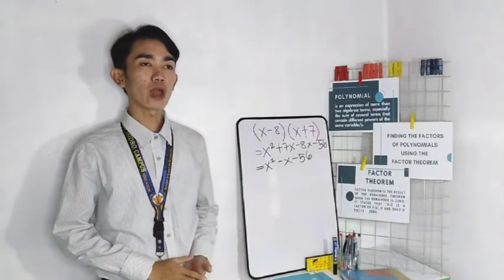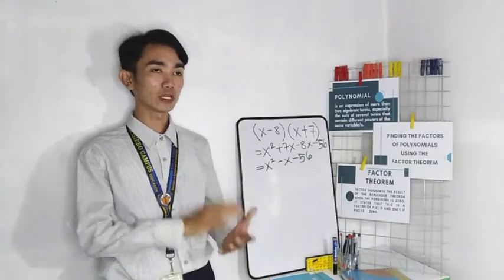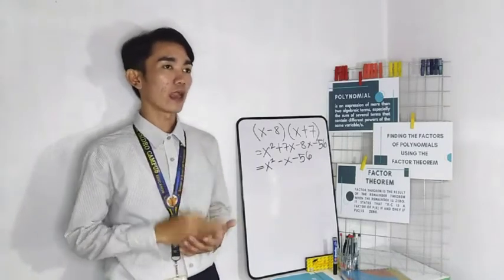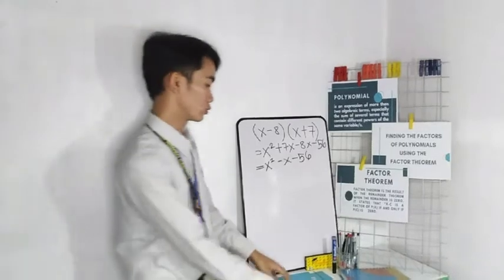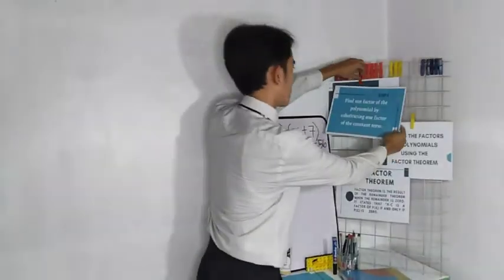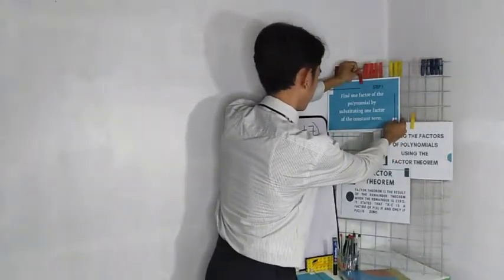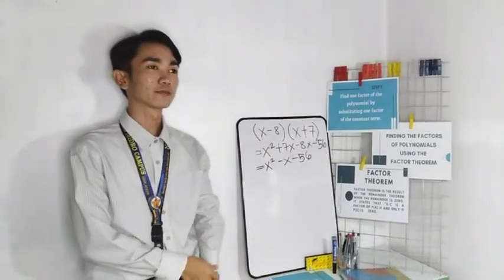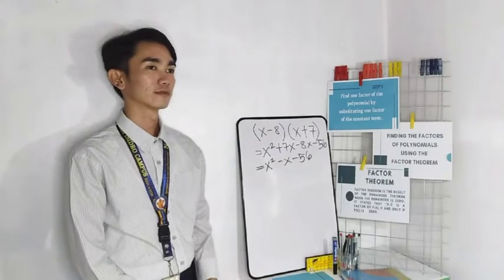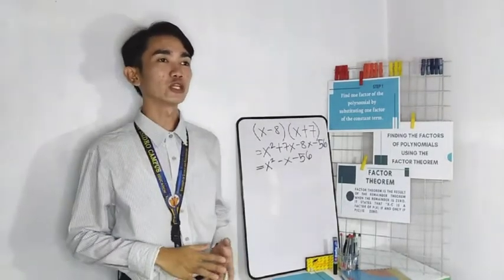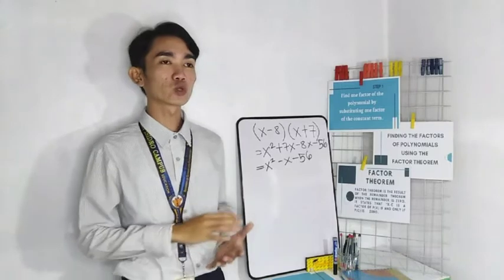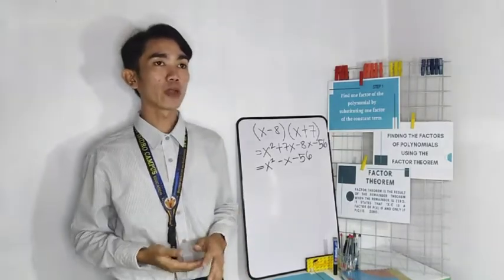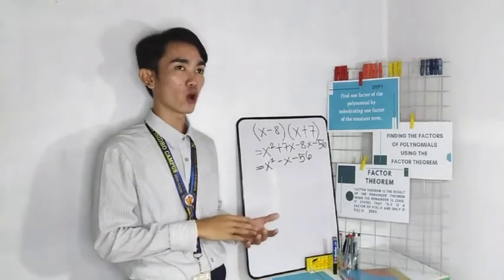Using factor theorem to find the factors of a given polynomial, you need to follow 3 steps. And the first step that we're going to follow is this. Can you read it, Judel? Thank you. It says that we're going to substitute a factor of the constant term to the polynomial to find a factor of it.